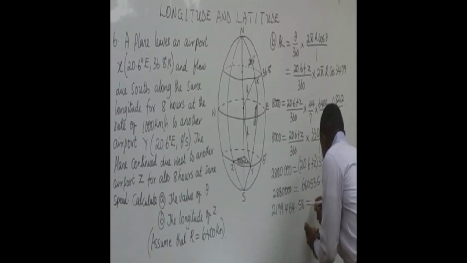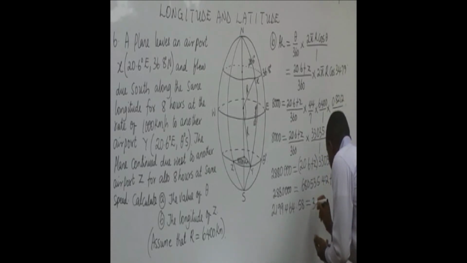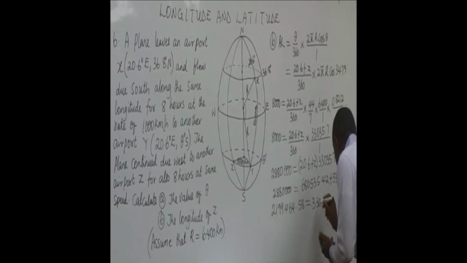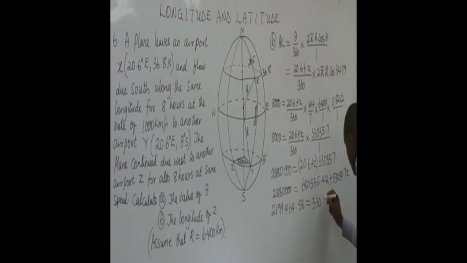It will now be equal to 33,035.7 Z. Now if you want to find the value of Z, which question number B is asking for, what you do now is divide both sides by 33,035.7.